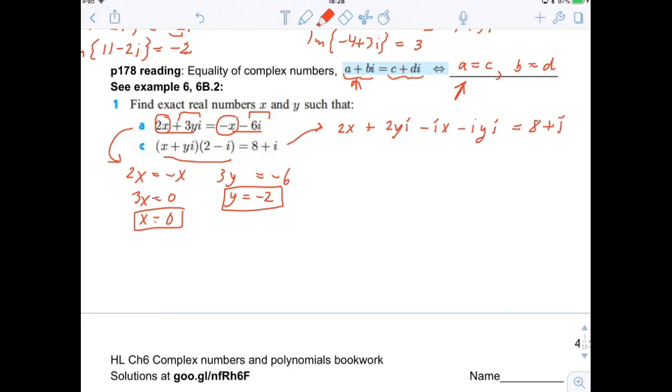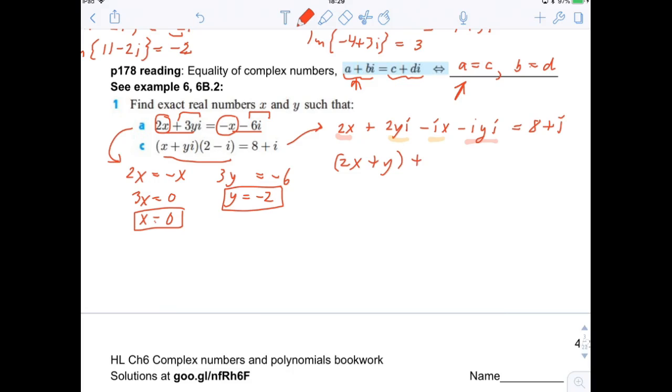So let's mark the real part, so 2x, and maybe that one there. So 2x, and i squared is equal to negative 1, so this would be plus y, so that's the real part. And then the imaginary part would be 2yi minus ix.